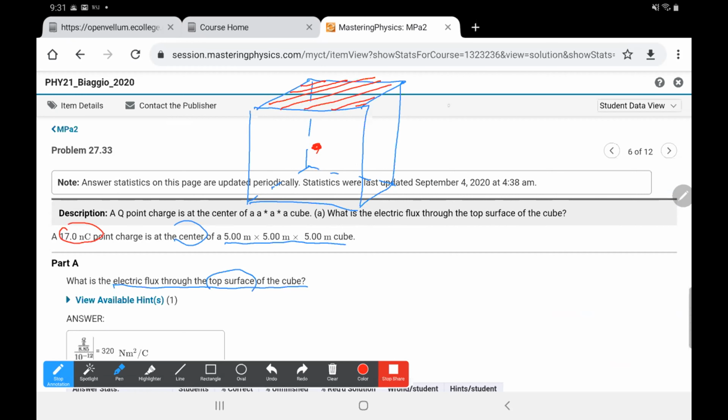There are 6 surfaces on the cube. And each surface will contribute the same flux because of the symmetrical geometry.